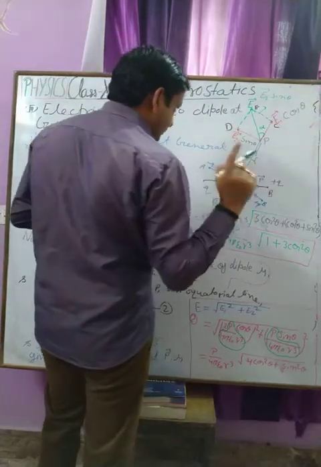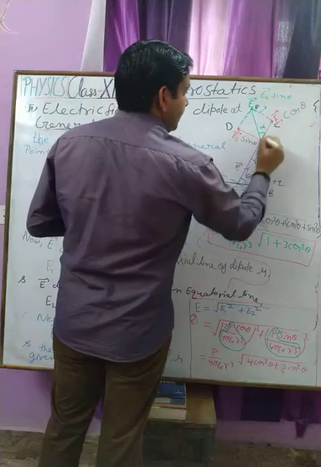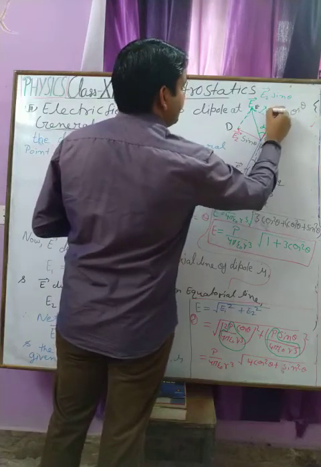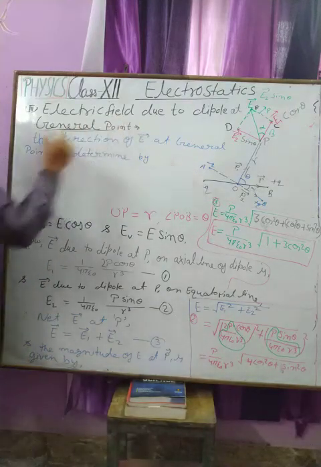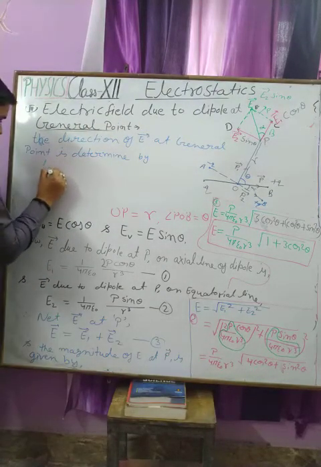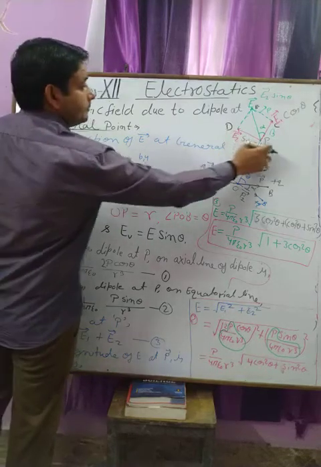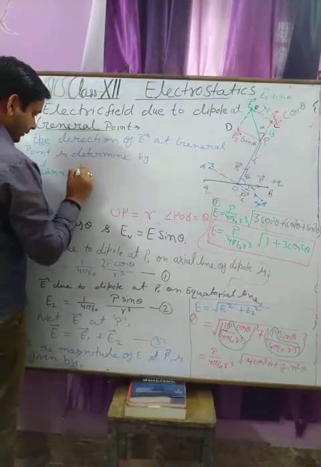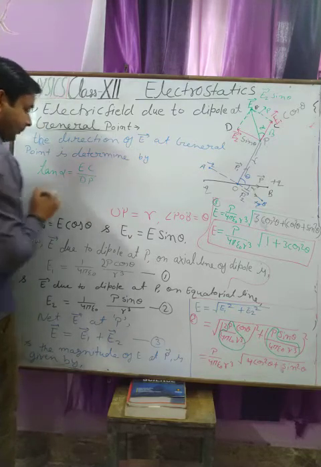Okay. Now we are using here the trigonometric ratio tan theta, because this is base and this is perpendicular. So we are using here tan alpha is equal to EC upon DP.